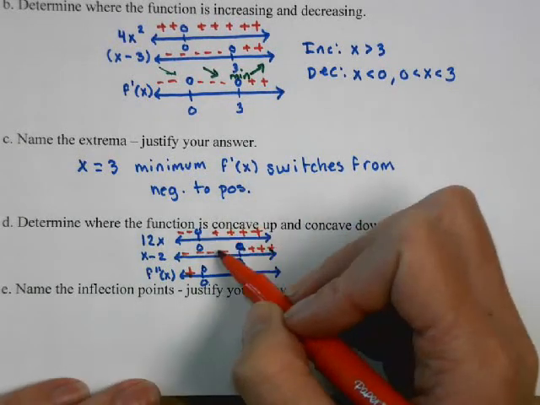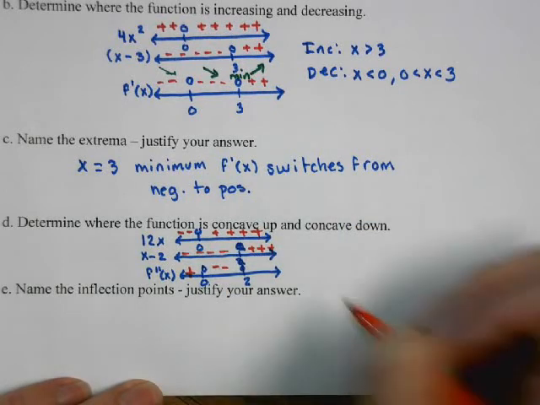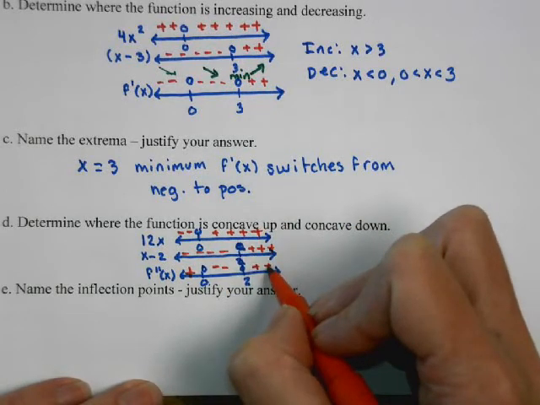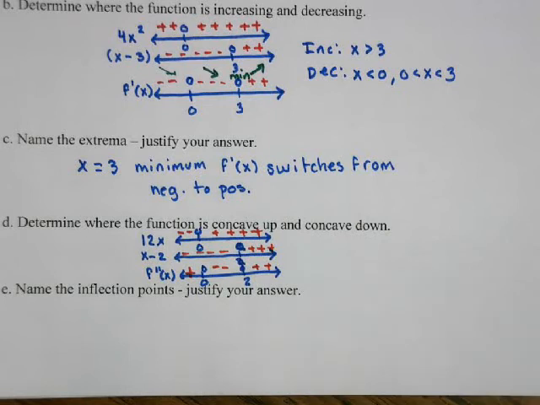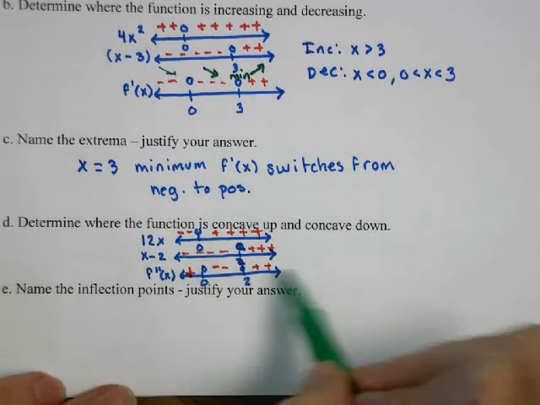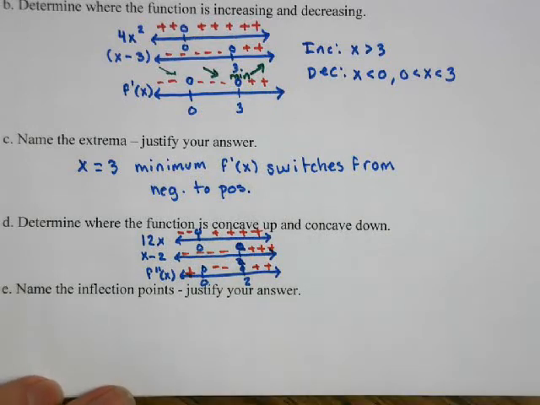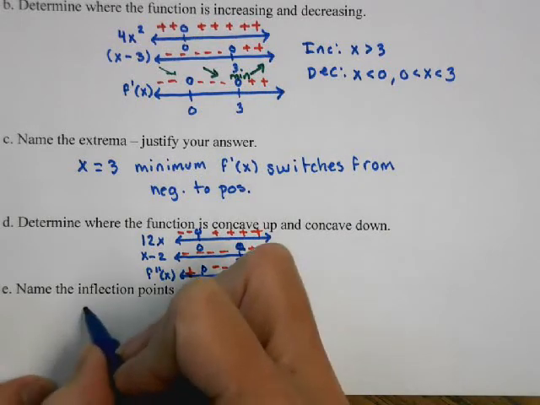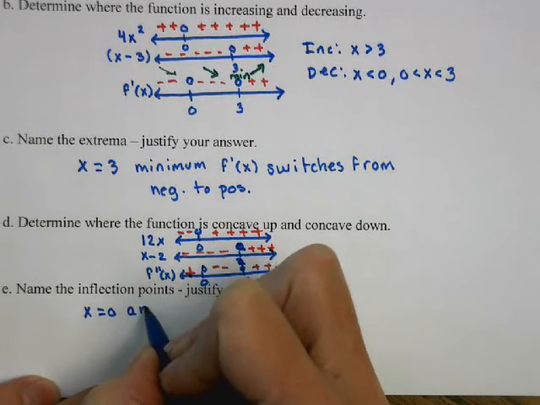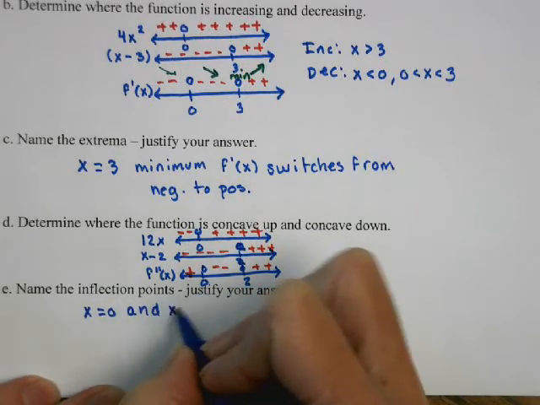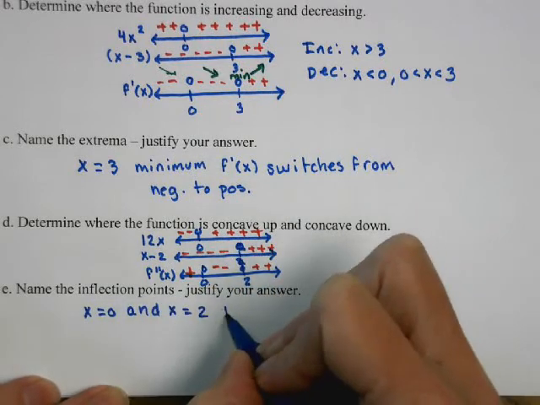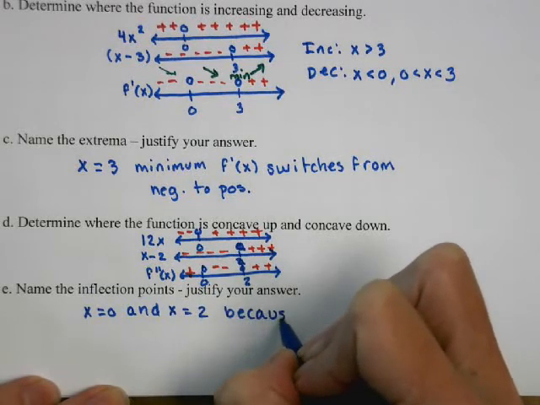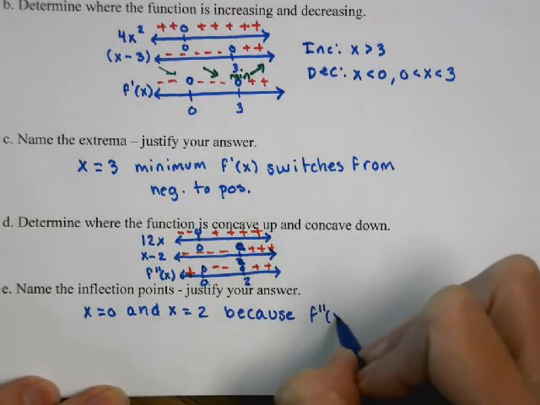A positive times a negative is negative. A positive times a positive is positive. So where do we have any inflection points? Any place where the concavity switches, which is going to be at x equals 0 and x equals 2. Justify our answer because f double prime switches sign.